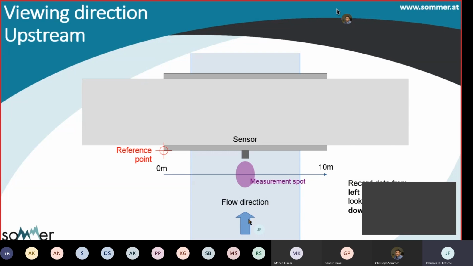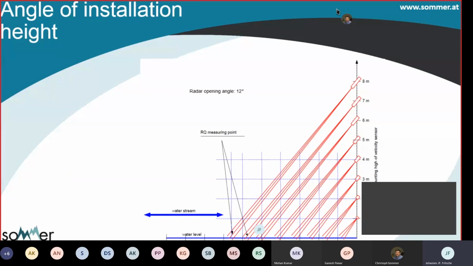You can see the same illustration from the side. For example, if we say here on the right side is our bridge, and say our bridge is at a level of 4 meters, and here the blue line is water level, then the measurement spot would be 3 meters away from the bridge edge.